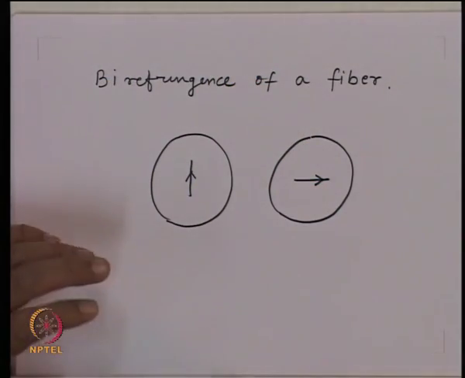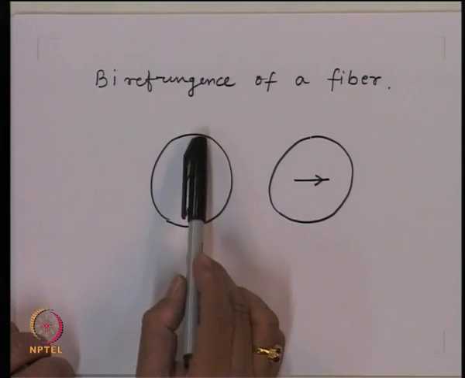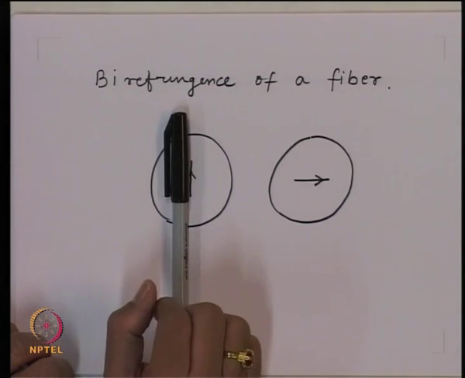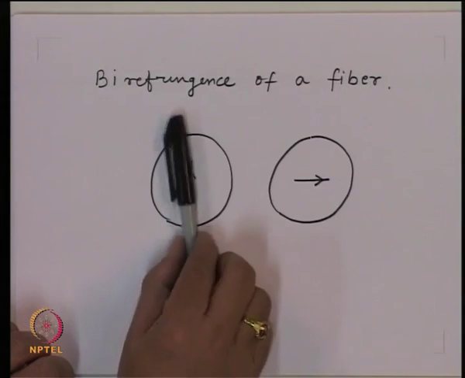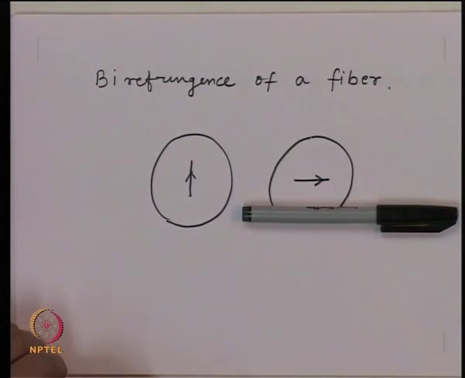However, in practice, the fiber is not absolutely circular. Because of the manufacturing process and so on, the fiber has small ellipticity. So, that means the effective radius which the vertical polarization sees is not the same as the radius which the horizontal polarization sees.